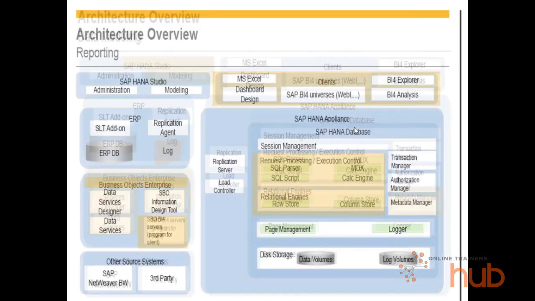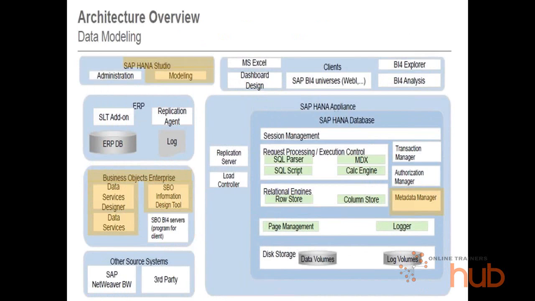For the purpose of reporting that data, I can use SAP Business Objects reporting tools, like Web Intelligence, Crystal Reports, or Explorer. Otherwise, I can also use Microsoft Excel or the Dashboard Designer, for getting your data into reporting and analysis.